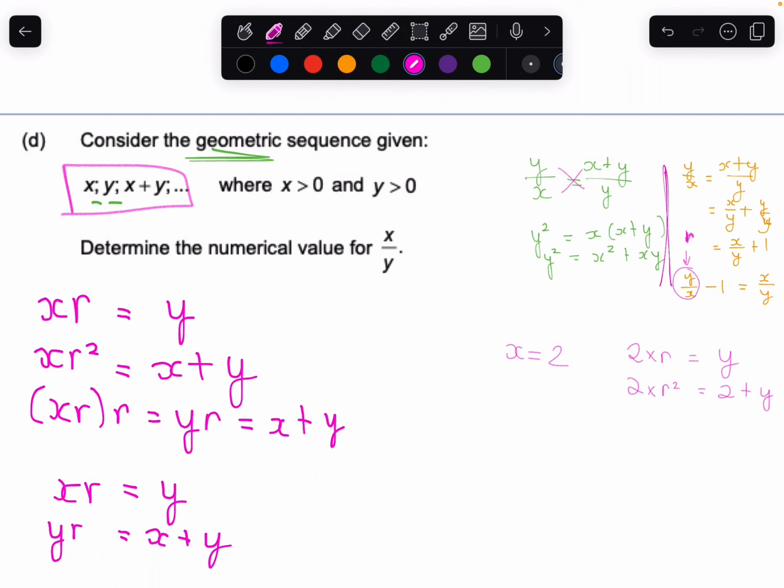So x over y, right, which is just the same as xr over yr, is equal to y over x plus y.